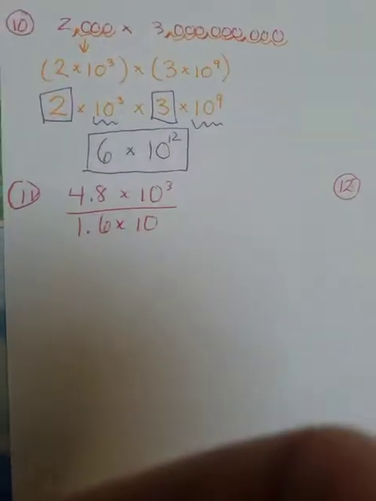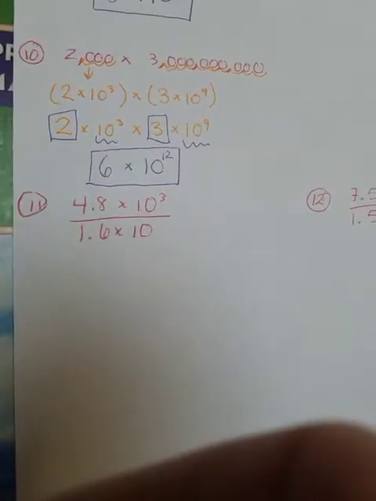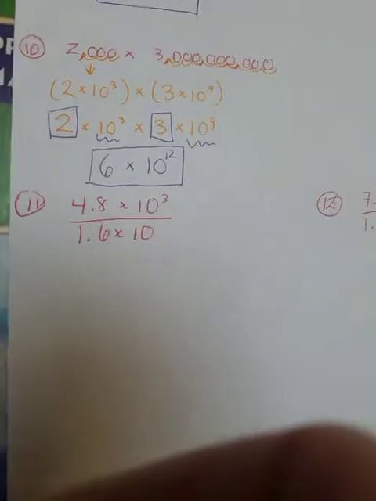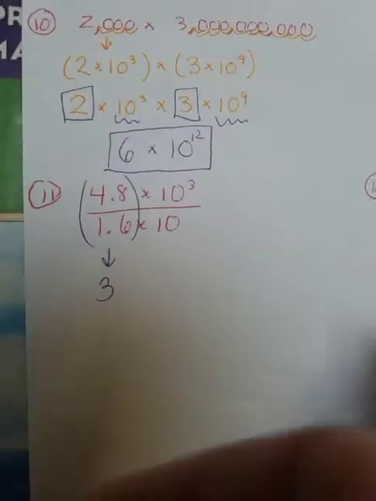Let's look at some division ones. So when you have a scientific notation divided by another number in scientific notation, you want to group together the two numbers. And yes, you can use a calculator to figure out what 4.8 divided by 1.6 is. That answer is 3.